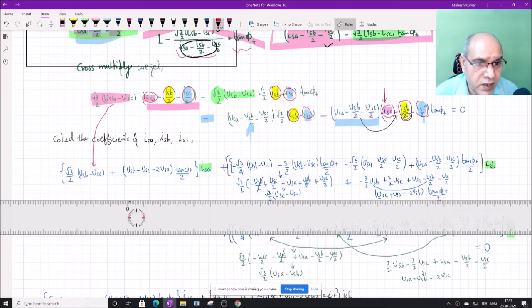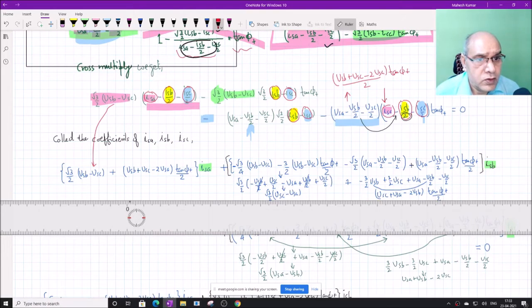So this term will become BSB plus BSC minus 2BSA by 2 tan phi plus, because tan phi plus is also there as a common for the whole thing.